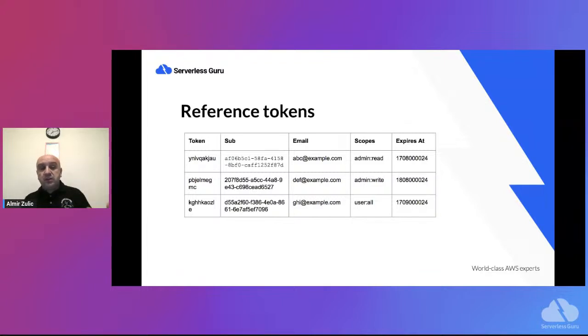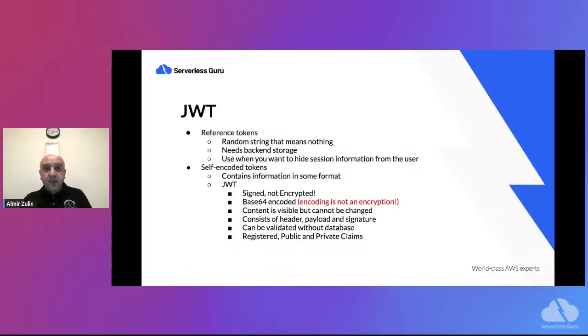When you decode that token, you will get some information. The most famous representative of these self-encoded tokens is the JWT token, which we can see in the next slide.